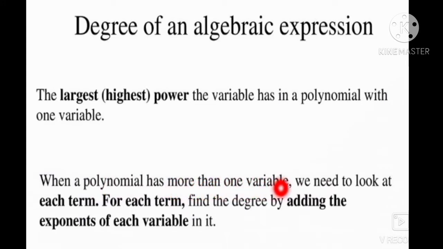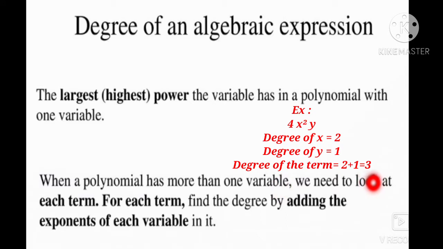For example, in a monomial x square y, how will you find the degree of the term? You need to take the sum of the powers or exponents of each variable x and y. Here, the power of x is 2. The power of y is 1. Thus, the sum of powers is 2 plus 1 is 3. Thus, the degree of the term x square y is 3.